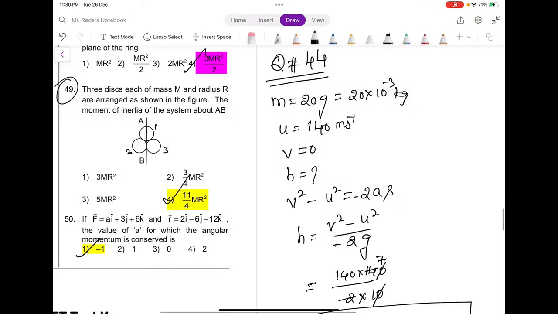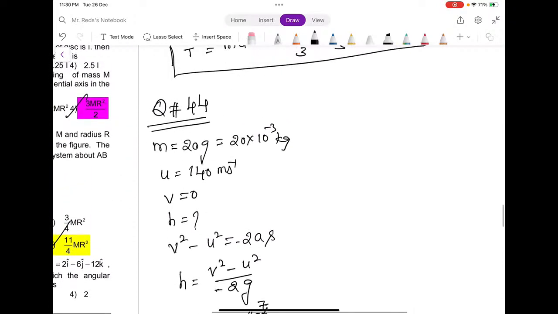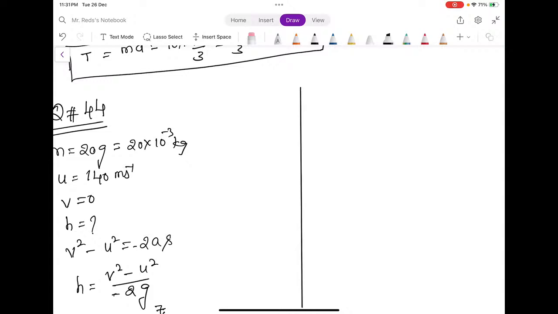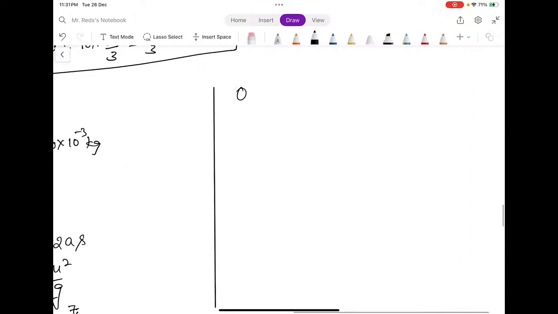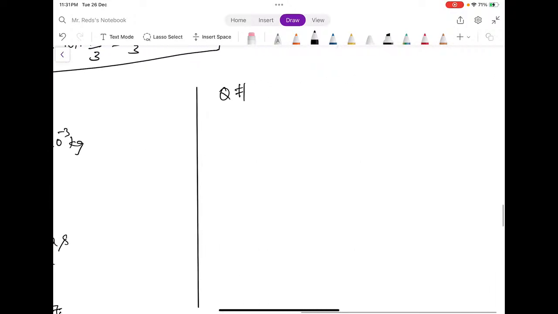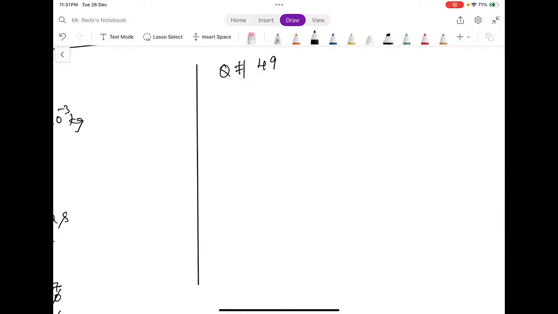Now how can you do this? Let us see here. Question number 49. 3 discs are arranged like this, another disc like this.